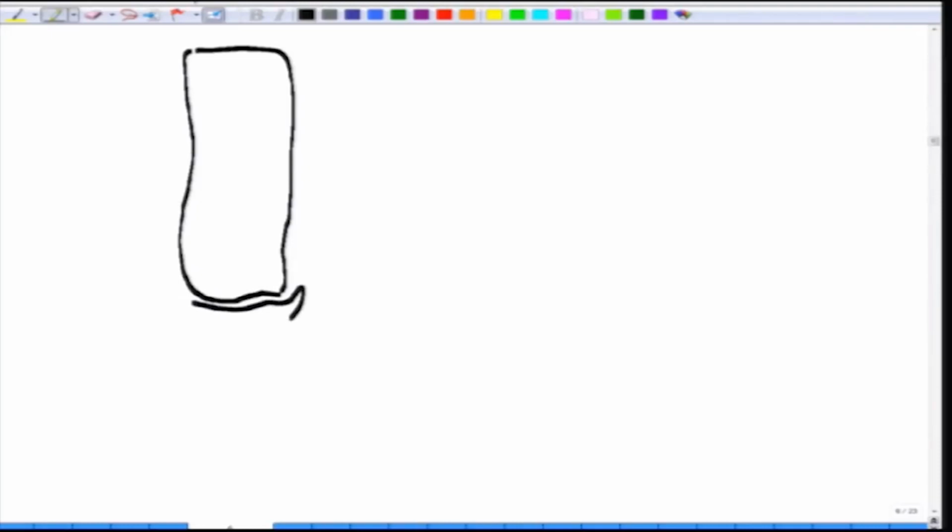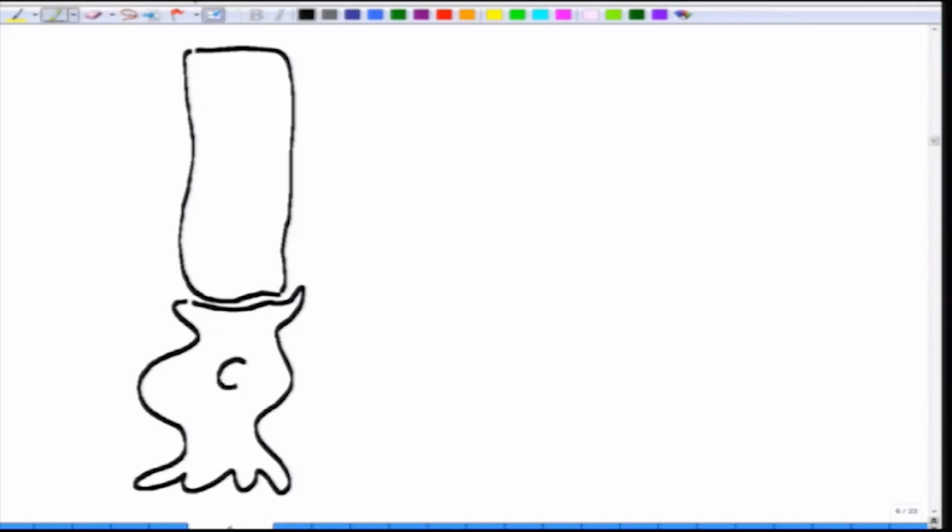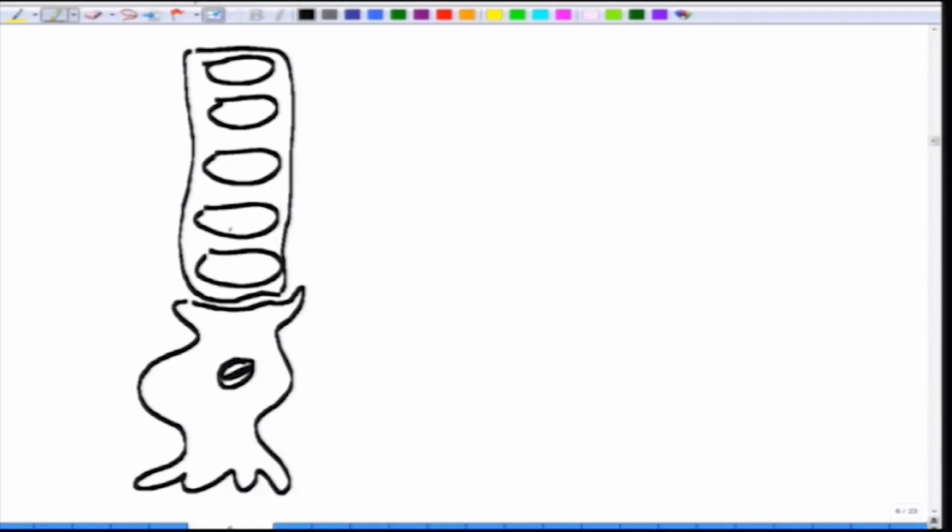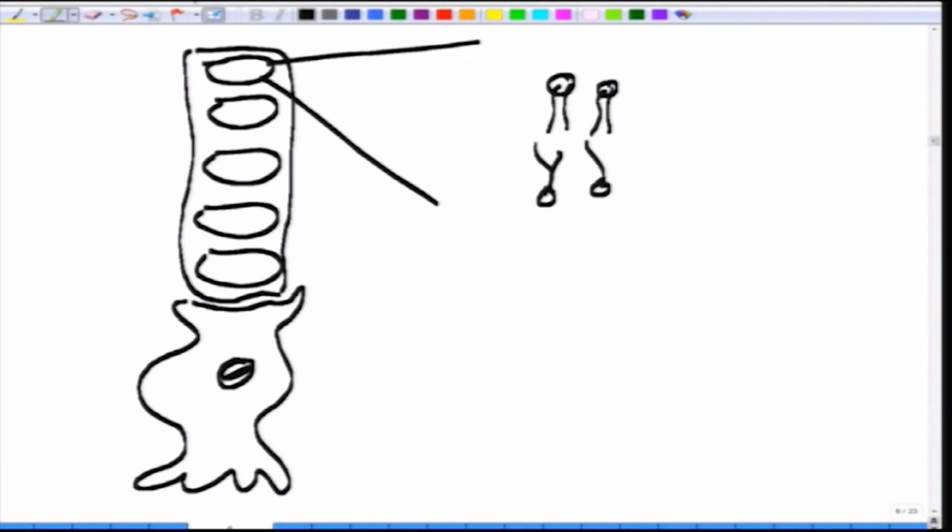So, here you have the rods. If you really blow up this image, it is almost like this. This is the membrane structure, which we talked about in one of the previous lectures.